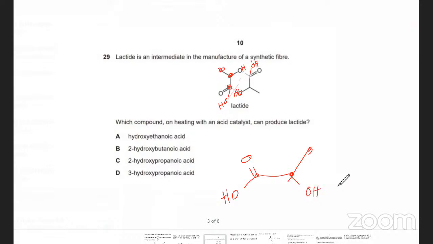What is the name of this molecule? That's 1, 2, 3 carbon atoms. So what's the name of this molecule? Propanoic acid. Okay, so that's propanoic acid with a hydroxy on the second one. So that's 2-hydroxy. So the OH branch is on the second carbon. Is that clear? Yes, sir. Okay.